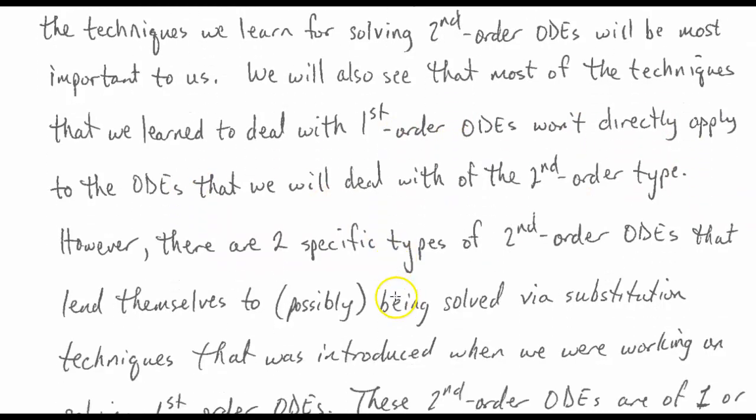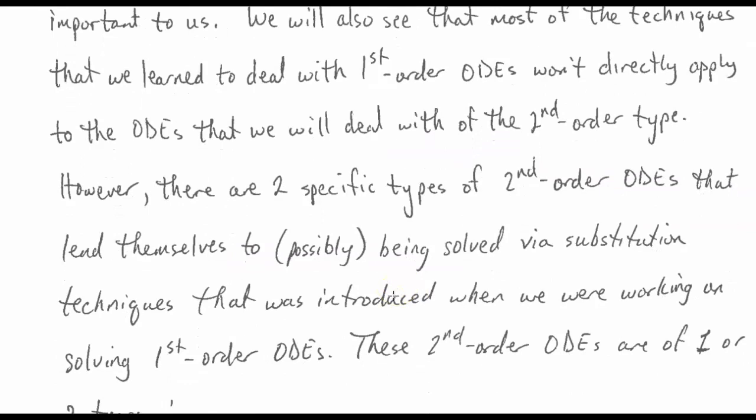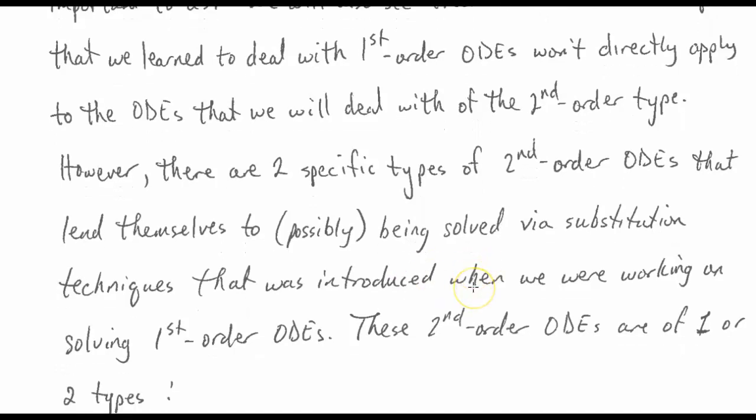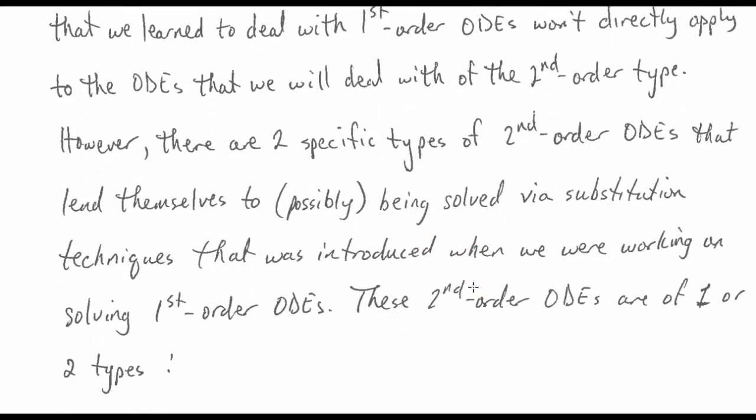However, there are two specific types of second order ODEs that lend themselves to possibly being solved via substitution techniques, okay? And these techniques were introduced whenever we went over first order ODEs. So the point that I'm trying to make here is that when we studied first order ODEs, remember when I mentioned, hey, we studied how to solve first order linear ODEs where we need to do linear substitution. When we recognized we had a homogeneous type of first order equation, as well as when we had a Bernoulli.